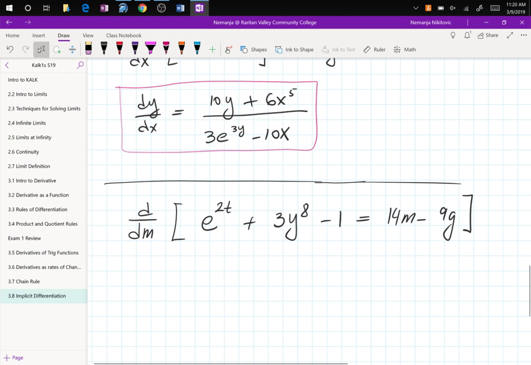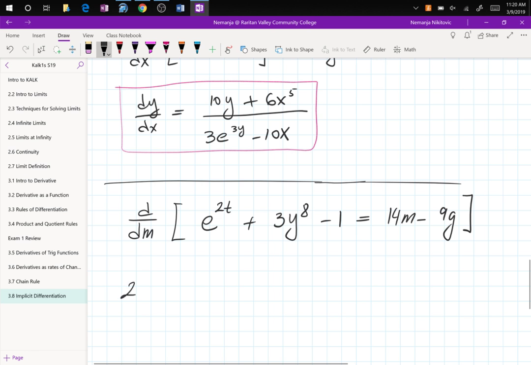Well, you are taking the derivative with respect to m. The only term that will not have a chain is the m term, because the derivative and the variable match. Every single one of the other ones will have the chain rule with it.